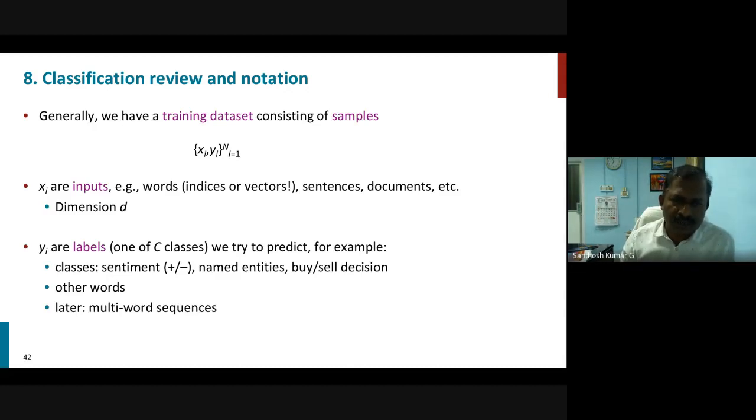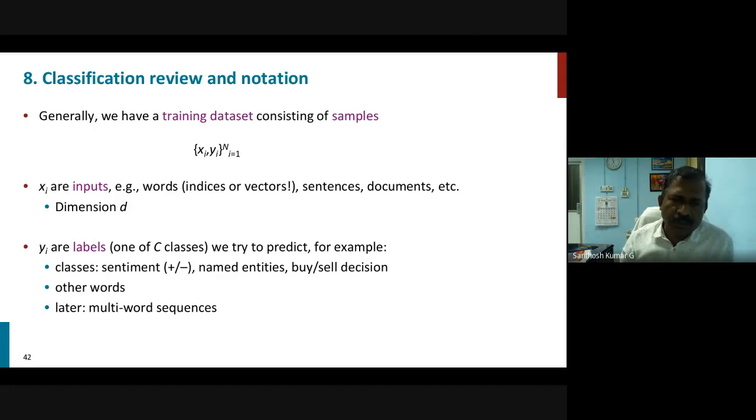So what is a classification problem? Basically, you have a training data set consisting of samples, where the inputs are represented as xi's and yi are the labels. The labels basically represent the classes, right?